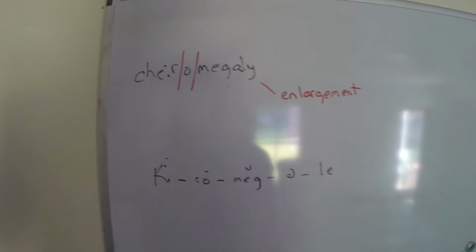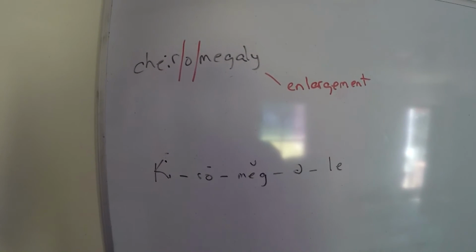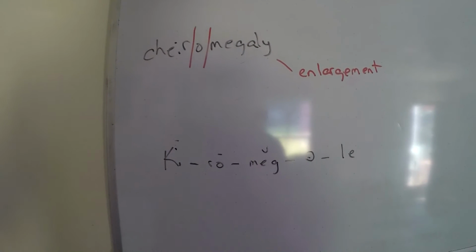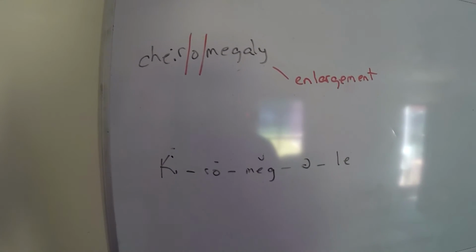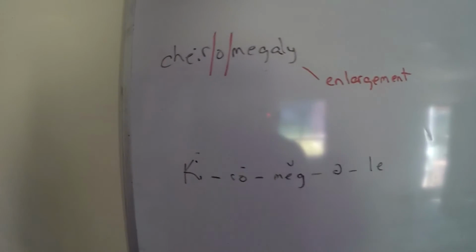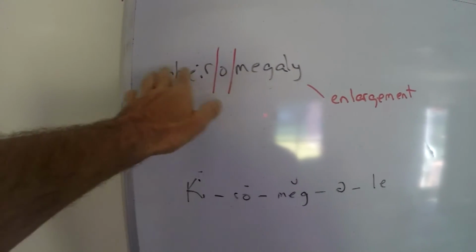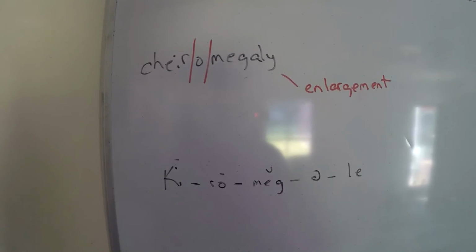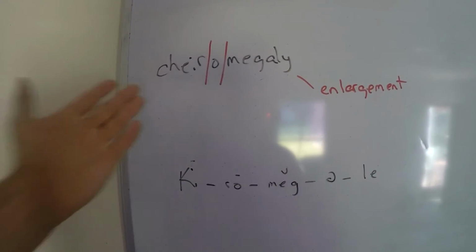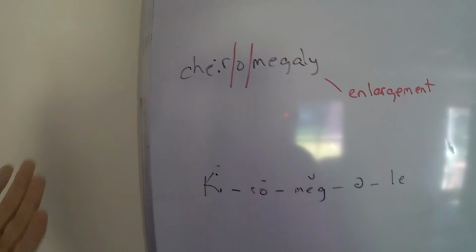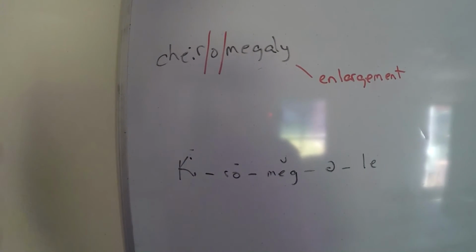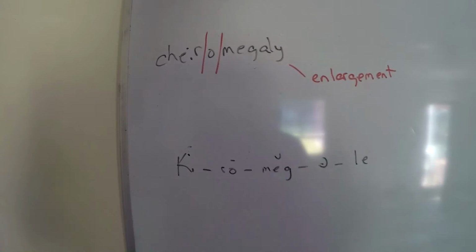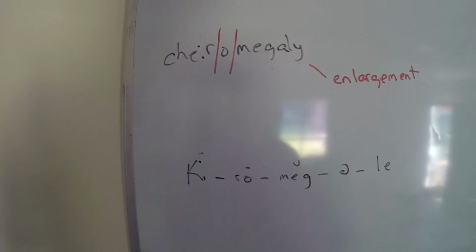Hey, I want to mention one more thing because I never want to assume that someone knows something because there's no embarrassment in taking baby steps in learning. If you're like me, chiromegaly is a word that I would not know how to pronounce unless I just saw it in a book. So let's say that I did not see it in a book. Someone said that and I'm trying to know how to pronounce it. And I don't have time to Google it on my phone or my computer. This is what I would do.